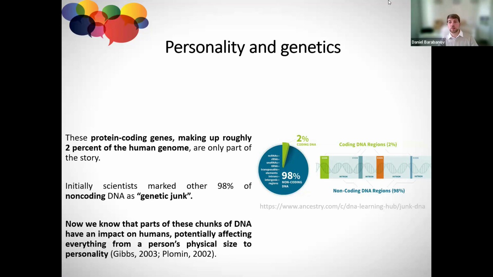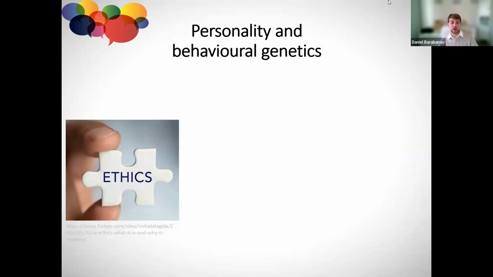Those 98% of non-coding genes potentially affect many personality and physical characteristics we might have, and also play a very important role in our heritability. So we shouldn't consider those non-coding genes as not important. They just have different functions compared to protein coding genes. So it was a misconception from early geneticists.